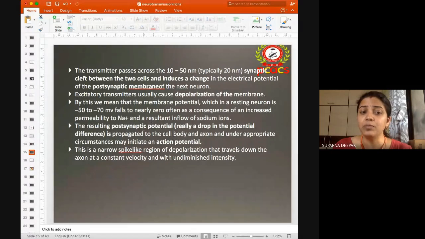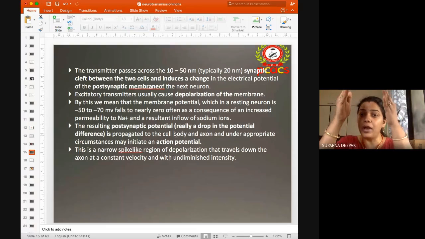The resulting post-synaptic potential, really a drop in the potential difference, is propagated to the cell body. That means it has to move through the cell body to the axon, from your dendrites to the axon, and again it has to initiate an action potential. This is a narrow spike-like region of depolarization that travels down.